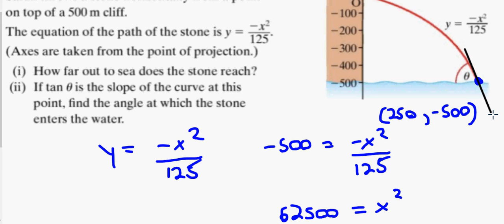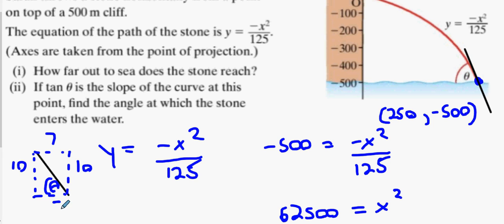So, it comes down at a certain angle. Okay, so for argument's sake, if I said the stone was traveling 7 meters to the right and traveling 10 meters down, okay, what would be this angle theta? Anybody tell me? What would tan theta be?